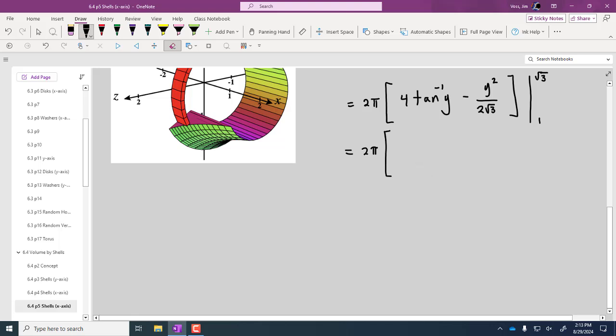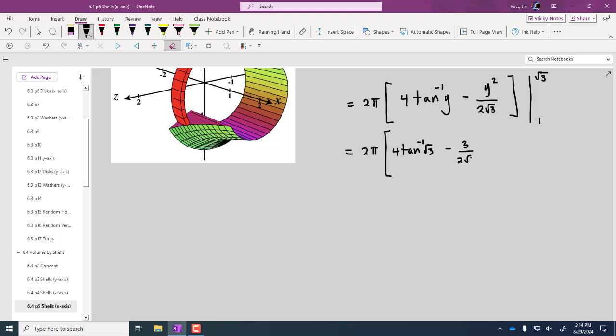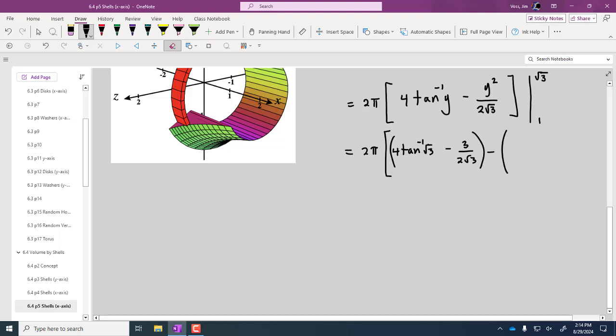So let's go ahead and substitute in the upper limit. So we're going to have 4 arctan of root 3. Let's write that out. I won't evaluate that instantly. Hopefully you can. And then we put the root 3 in the second term here. We're going to get root 3 squared, which is 3, divided by 2 root 3. So there is the upper limit. And then we're going to subtract off the lower limit evaluation.